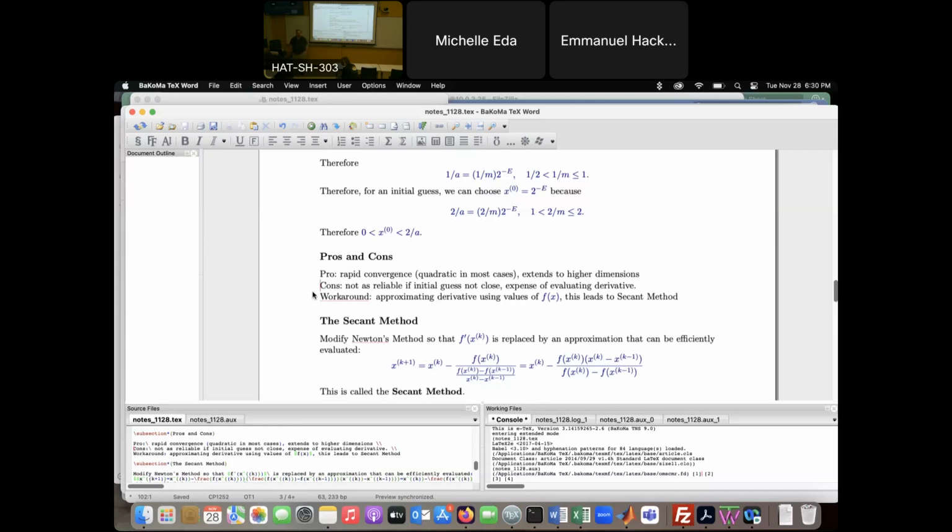So it's perfectly fine to use that as an initial guess, and one iteration will work very well. So under certain circumstances, Newton's method can be reliable, but for general purpose root finding, you've got to be careful.